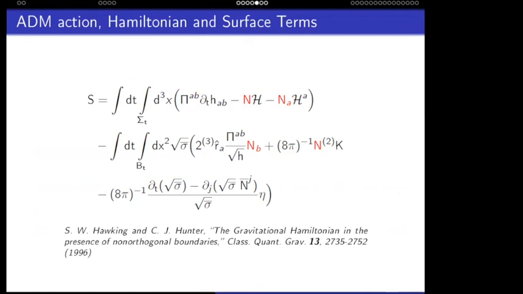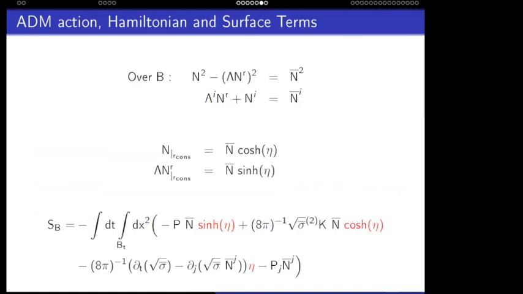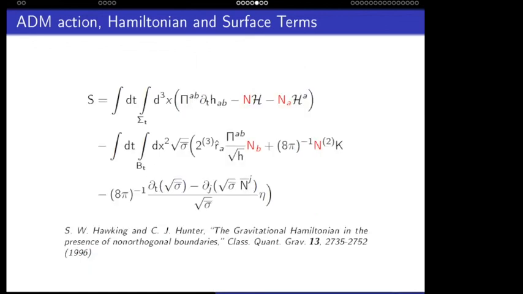In the non-covariant form, I have only N and N_r, but in the covariant form, I have the three N's.